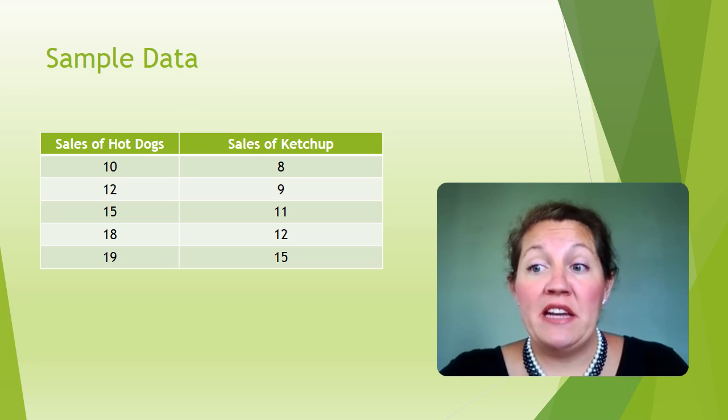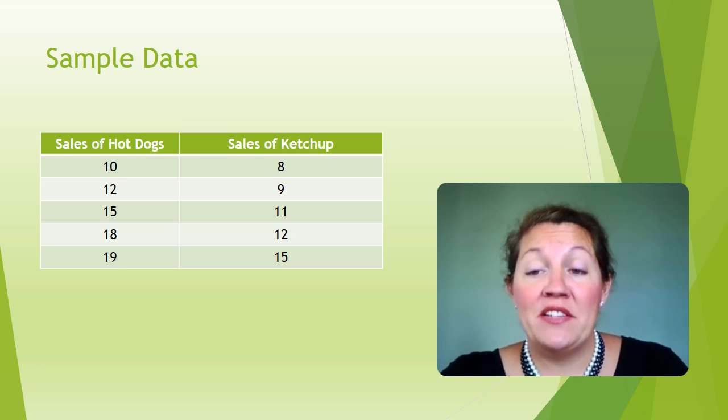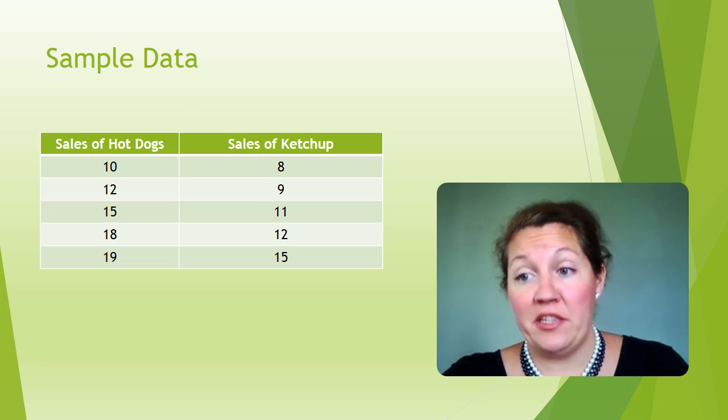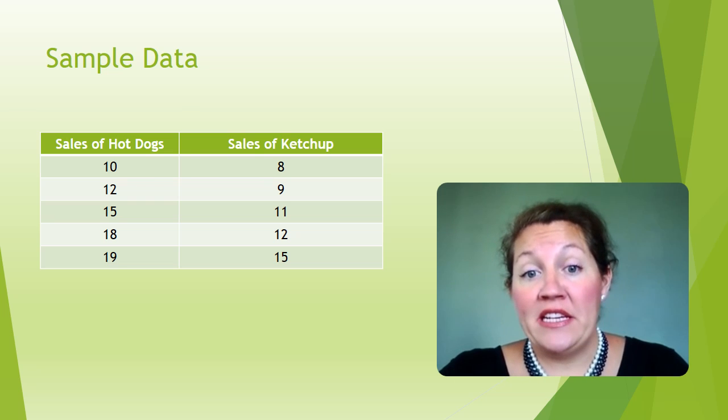So they wanted to see if there was a linear relationship there in order to predict what they should purchase in ketchup. So we're given X as our hot dog sales, and we're going to try to figure out if Y, our dependent variable, or ketchup in this case, is dependent on our hot dog sales. So we're going to look at this data set using Excel.